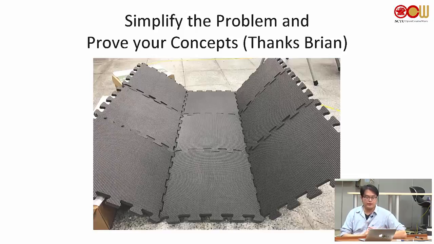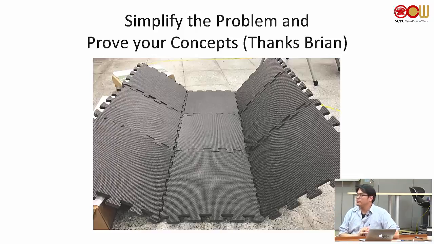Okay, and this is the second one, thanks to Brian. This is probably a setting about an agriculture robot. For example, a robot wants to go to a strawberry farm in 大湖草莓. And then there is some kind of terrain, and the Duckiebot wants to stay in the center lane.